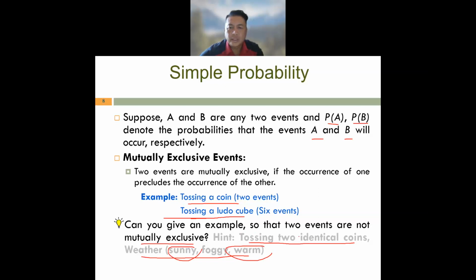Tossing two identical coins can happen at the same time. So these are not mutually exclusive events. When we talk about mutually exclusive events, the next event occurs right after the previous event has occurred.